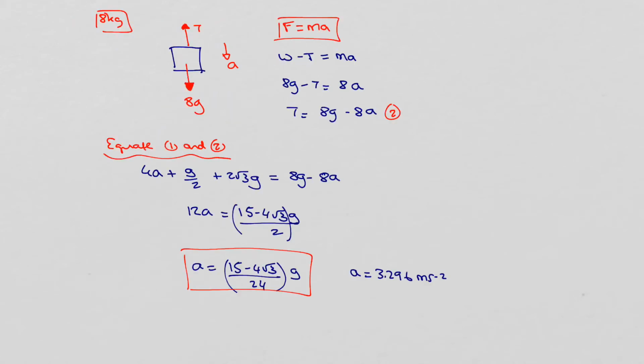So what do we know? Well, we know the initial velocity is 0. We know our acceleration, as I said, in decimal was 3.296 meters per second squared. And then the time is 1 second. We want to know how far it has gone.